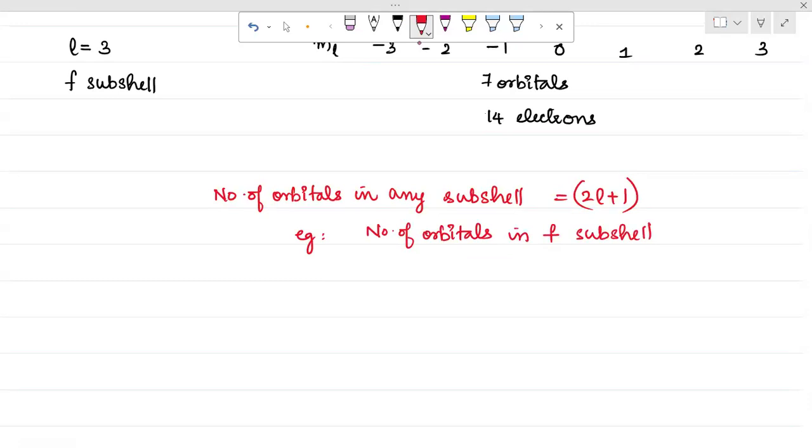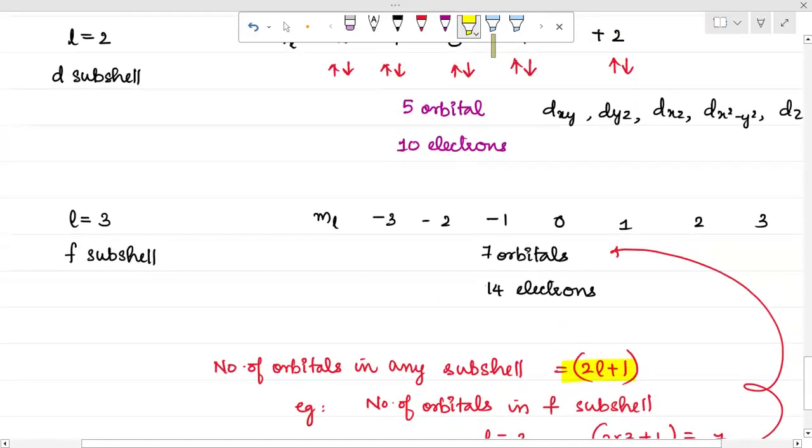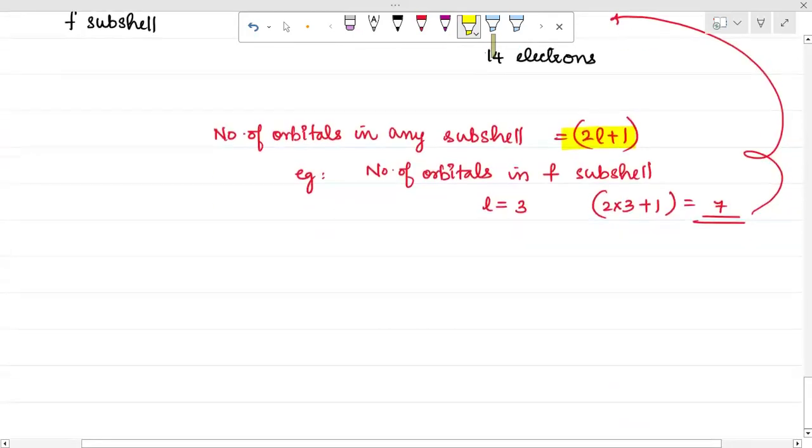We know the value of L in F subshell is equal to 3. So 2 into 3 plus 1, which is equal to 7 orbitals, and that is what we have got. Okay? You can get questions from here. You need not learn it, because if you know the trend, you can derive this equation as well.